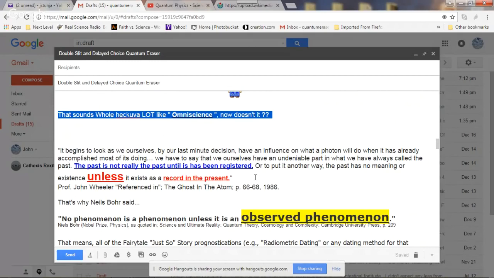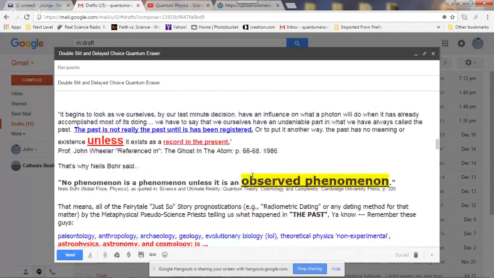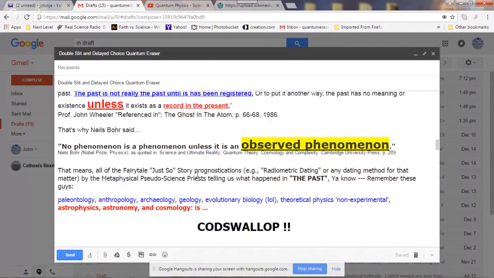The past is not really the past until it has been registered. Or put another way, the past has no meaning or existence unless it exists as a record in the present. That's why Niels Bohr said, no phenomenon is a phenomenon unless it is an observed phenomenon.